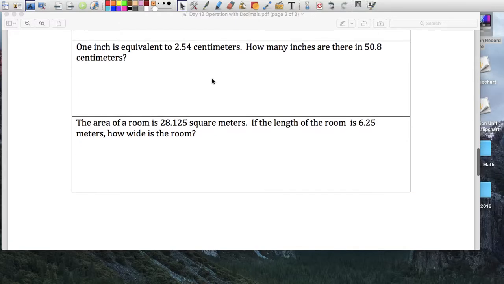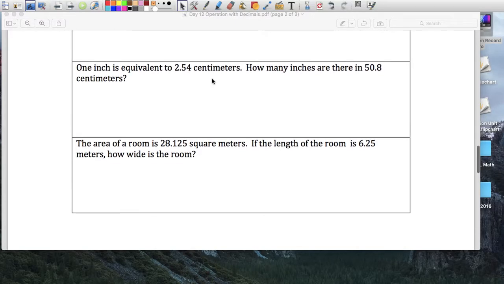I think we have one more problem. Area. So here's a room, I'll draw it. I know that the length is 6.25. The width, I have no idea. But I know that if I multiply the length times the width, the area is 28.125.